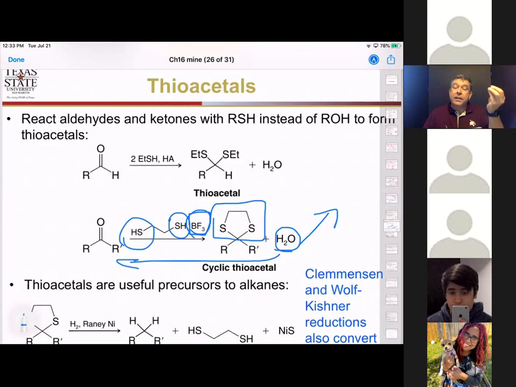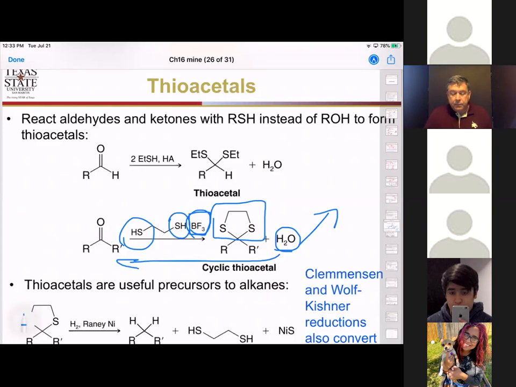So you can take your carbonyl all the way down to a CH2 after you've protected it. Okay, so this is really good when you want to do a selective reaction where you don't want an alcohol ending up there, or you don't want an addition product with your aldehyde or ketone, but you eventually do want a CH2 group. And I'll show you how to use that on the next slide.